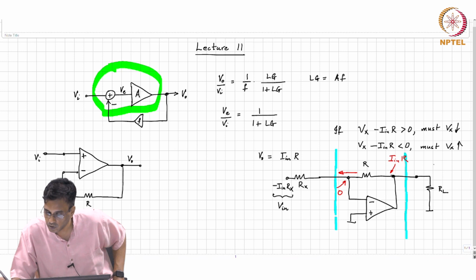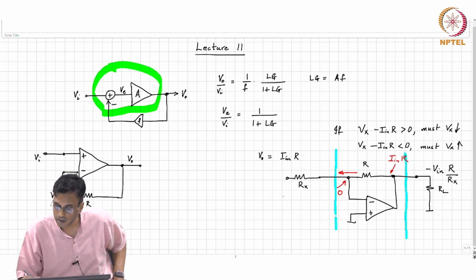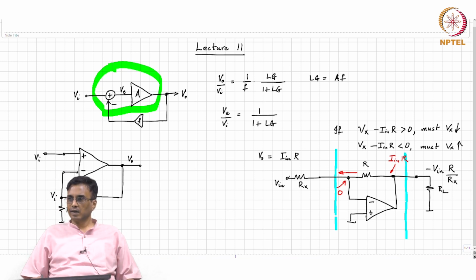It is basically minus V in times Rx by R. Is this correct? Okay. And is this circuit familiar? Right, so this is the very well known inverting amplifier, but you know now where it comes from.